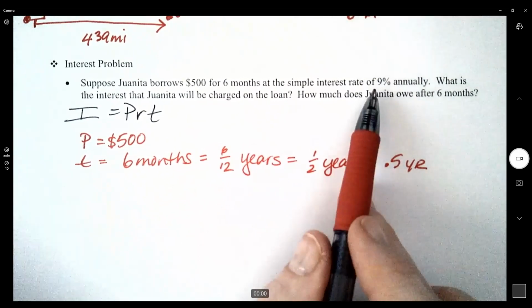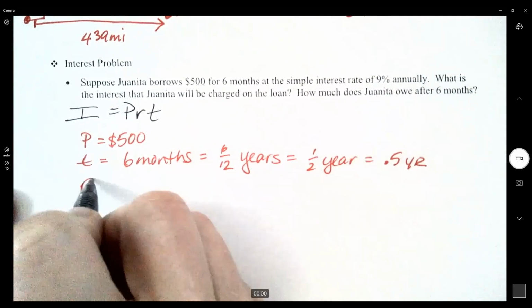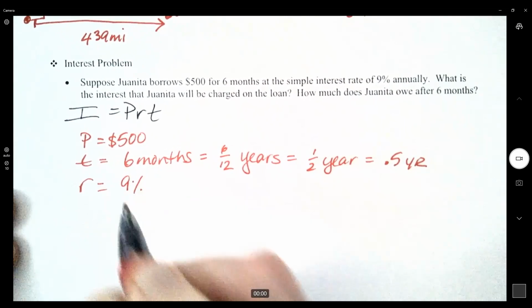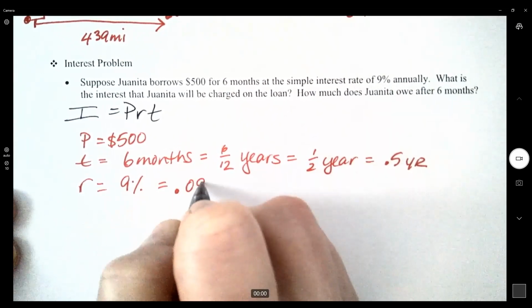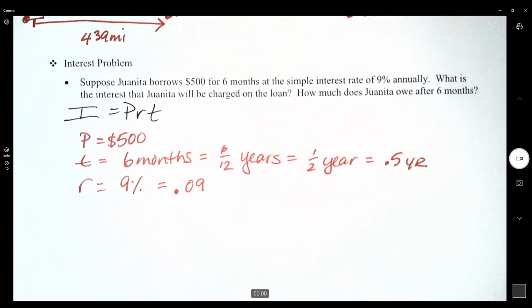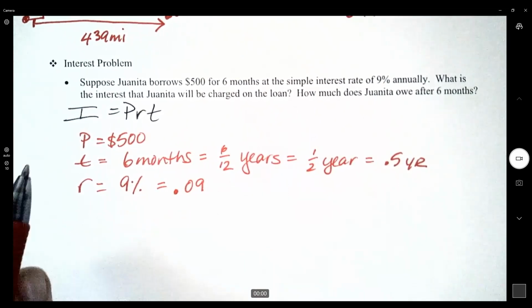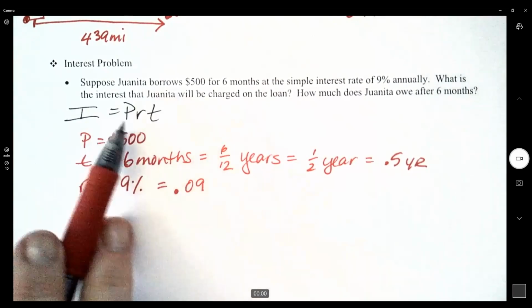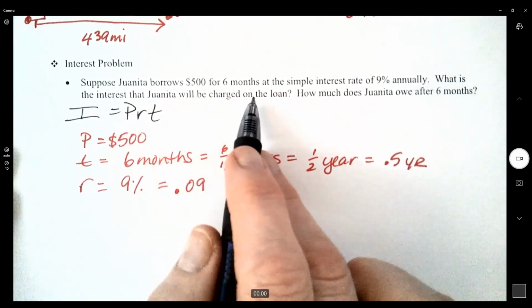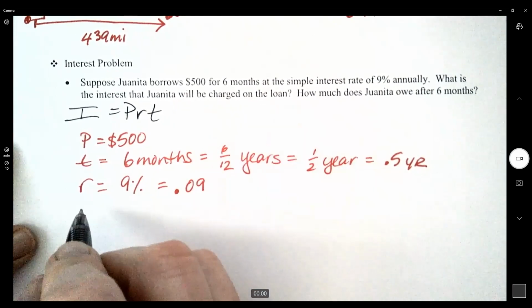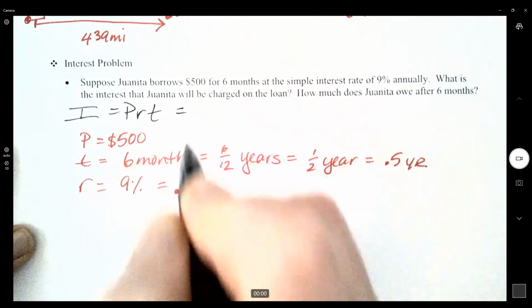We also know the annual rate. The annual rate is 9%, but in this formula, we want to write this as a decimal. So I'm going to write this as 0.09. I have P, R, and T, which is everything that I need in order to solve for what the interest is, which is indeed the very first question. So let's go ahead and type everything in.